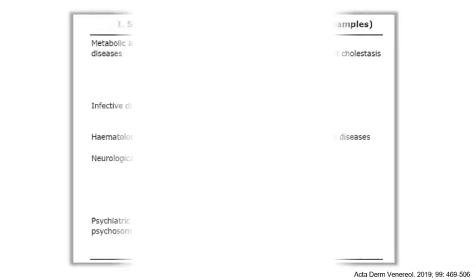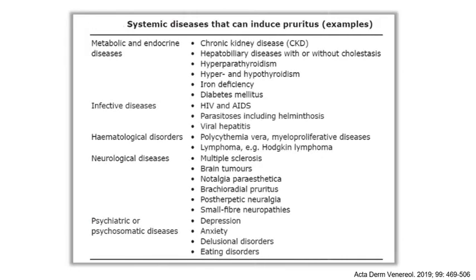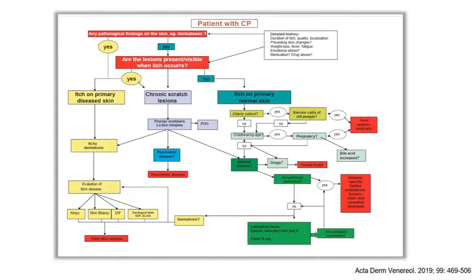Yeah, we come back to the guideline, and here is a very nice table where you can take a look at the diseases which might induce pruritus, and we find a long list of diseases. And of course, we need something like an algorithm driving us through the diagnostics. And yeah, this is a little bit complicated, but what you see here is we have a very straightforward way.